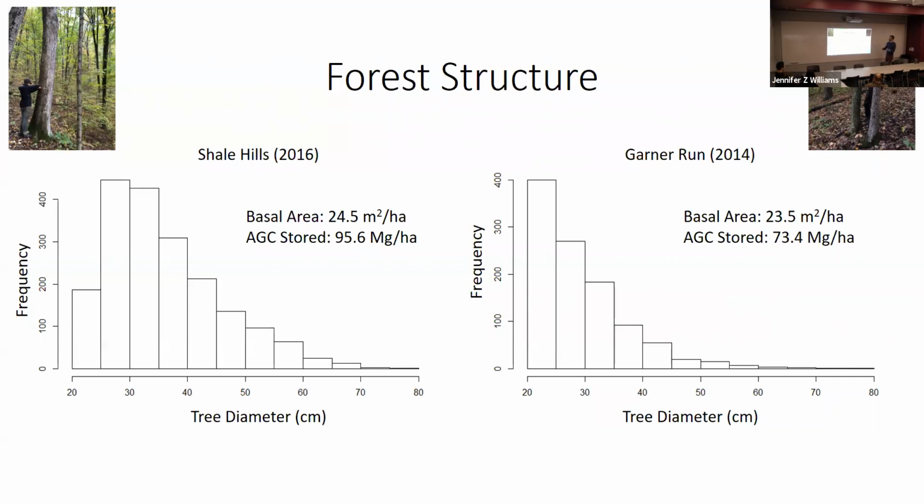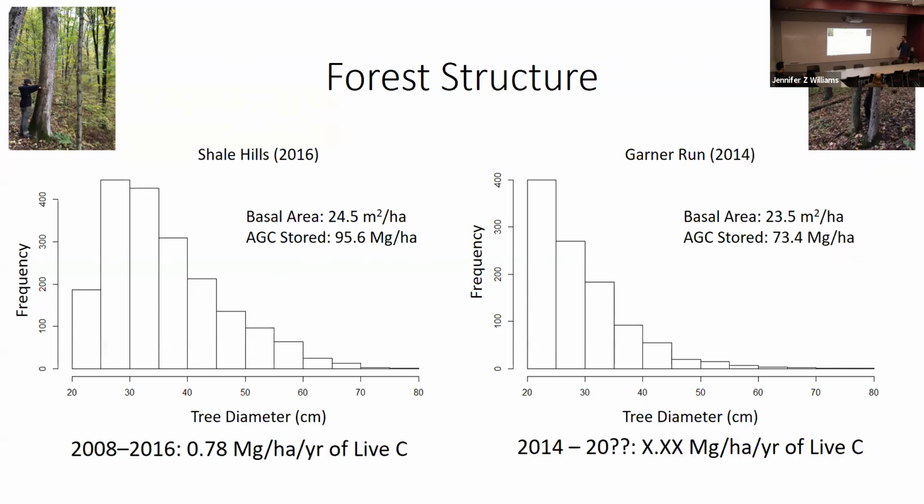But after we've scaled up with allometric equations, there's a lot more carbon in the forest at Shale Hills. One, could you just percentage, is that based on the wood density only or also tree height? It's not based on tree height, it is based on tree diameter and the allometric equations that we use to predict biomass. But you have basal area being the same. Right. I have a schematic that will help that come out a little bit coming up here.